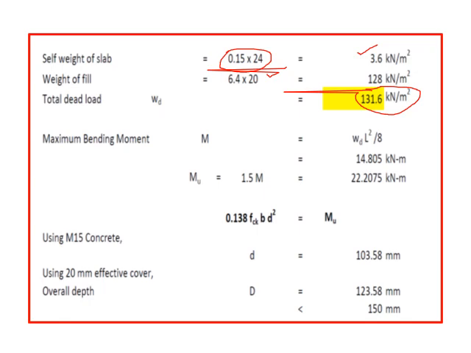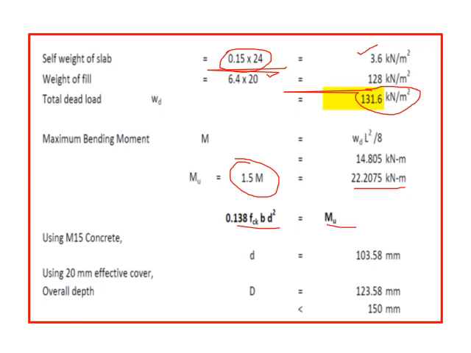Now you can calculate the bending moment, which is wl square by 8. For the ultimate moment you can multiply by 1.5, and get the ultimate moment, which is 22.2. Now you can check the depth, whether the RCC slab provided is safe or not. So 0.138 fck bd square is equal to Mu.